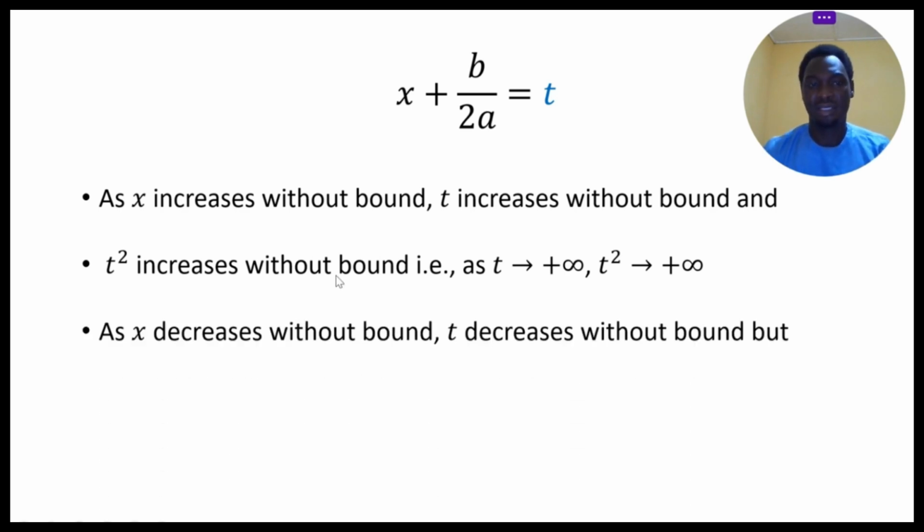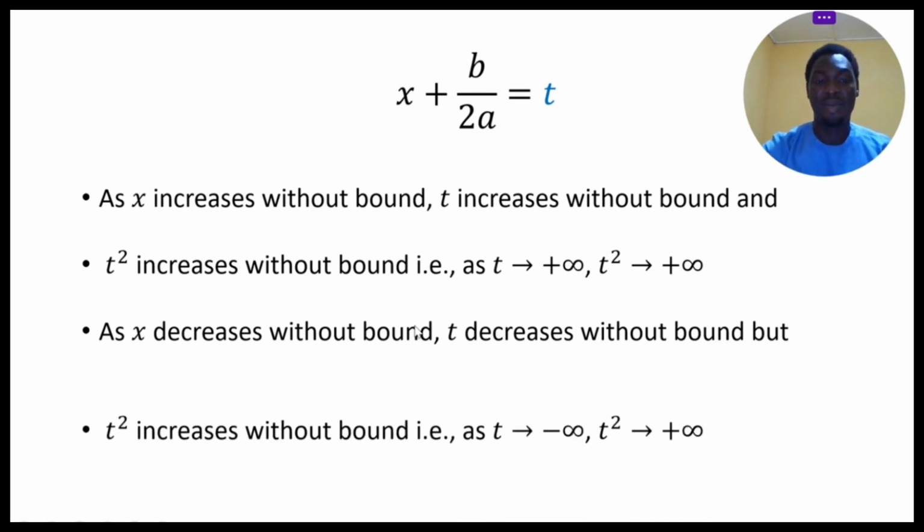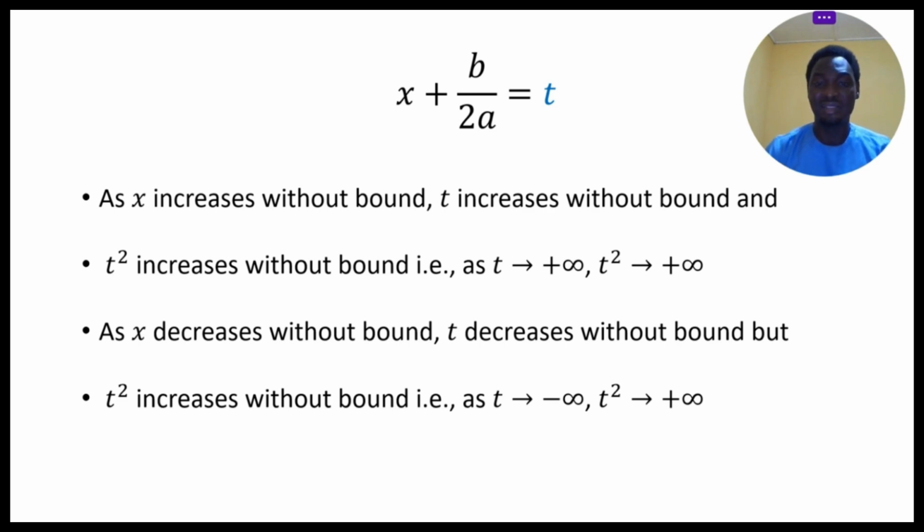On the other hand, as x decreases without bound, t decreases without bound, but t squared increases without bound. Why is that? If you square a large negative number, you will get a large positive number.